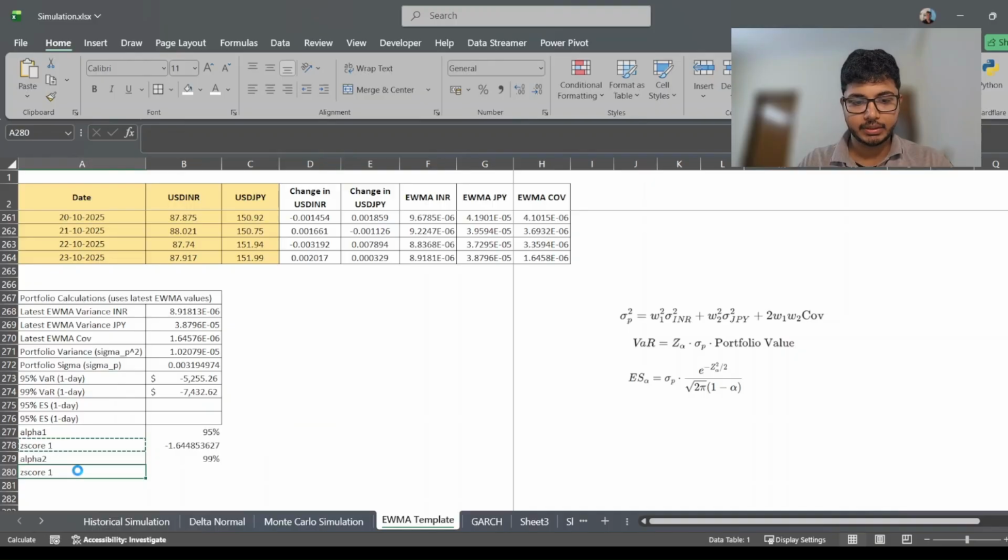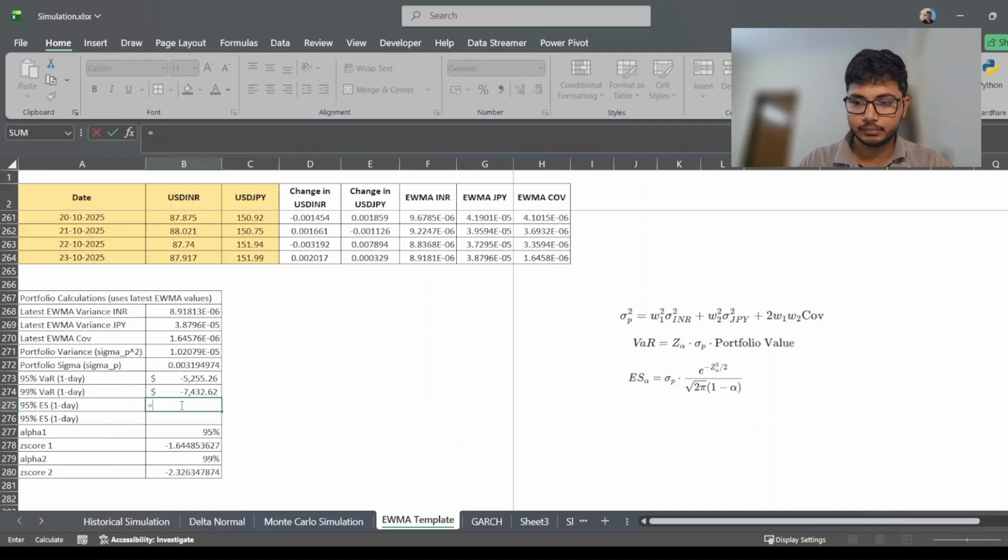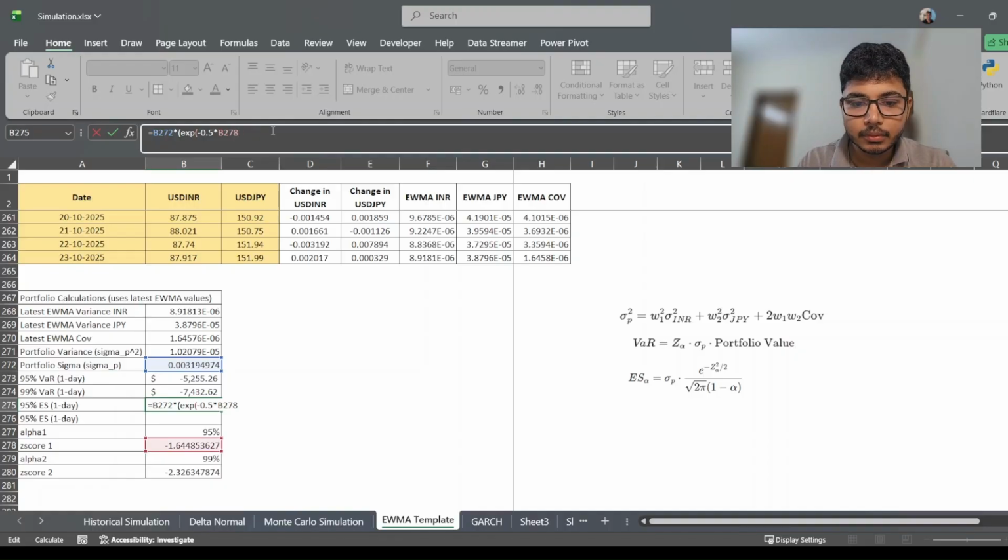So I'm showing how Z score is calculated. Condition into exponential minus 0.5 multiplied by Z score squared, divided by 1 minus alpha.